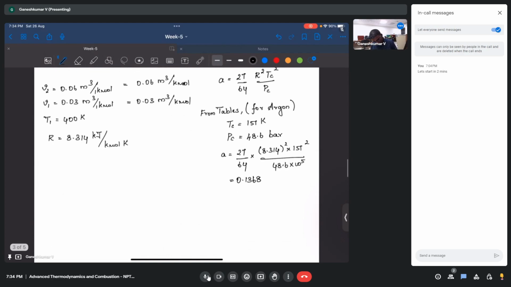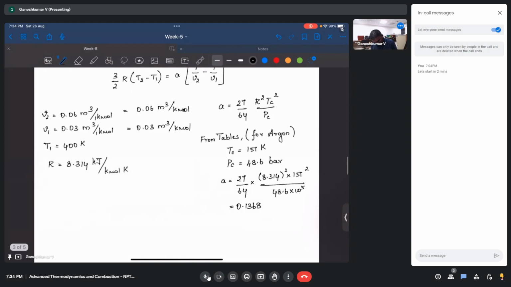Now let's substitute it here. What we need to find is T2, right? So let me rearrange.